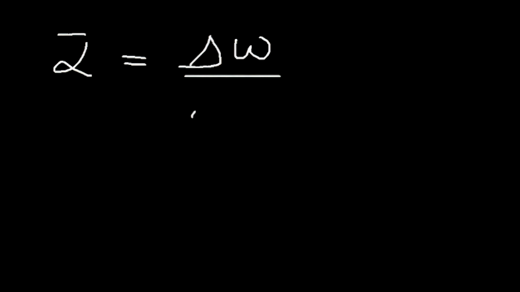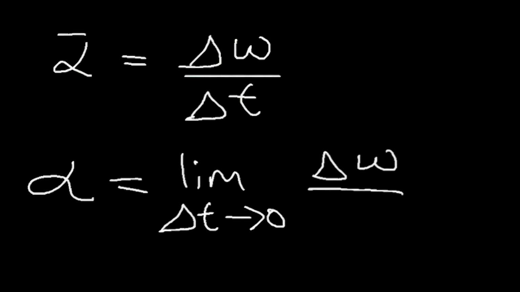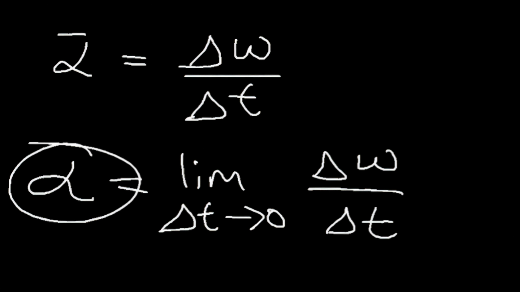The same is true for angular acceleration. The average angular acceleration is the change in the angular velocity divided by the change in time, whereas the instantaneous angular acceleration is the limit as delta t approaches 0 for the equation change in angular velocity over change in time. So this is the instantaneous angular acceleration.